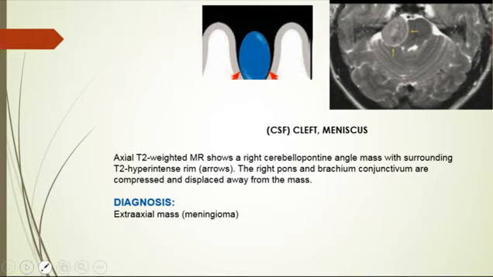Other possible differentials include ependymoma, astrocytoma, metastases. I'm talking about CP angle lesions, not only extraaxial lesions. They include metastasis, astrocytoma, ependymoma, lipoma; all are included in the differential.